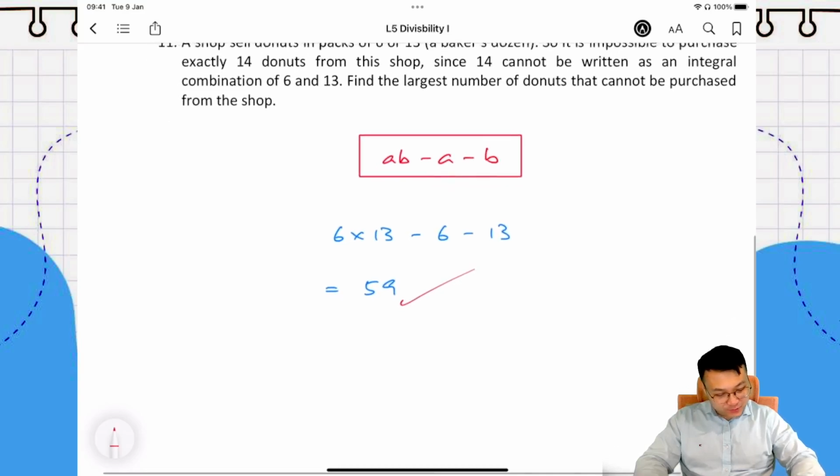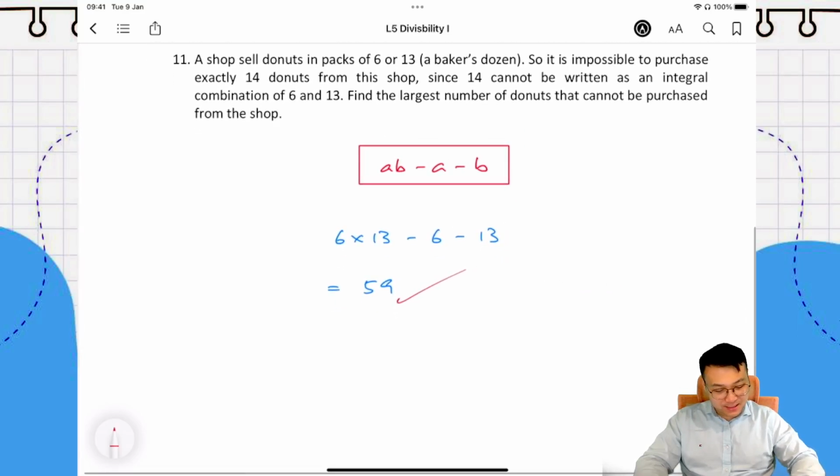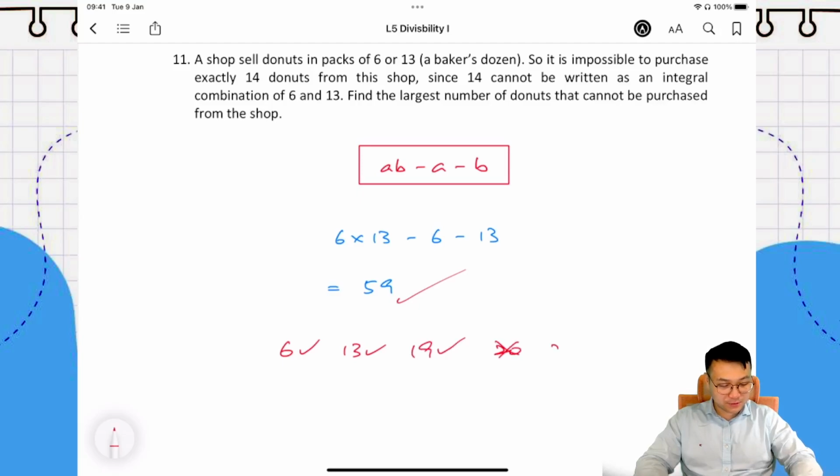Okay, if you don't use this method, you end up making a long list. You say, can I buy 6 donuts? Yes, I can. Can I buy 13 donuts? Yes, I can. Can I buy 19 donuts? Yes, I can. Can I buy 20? Cannot. Can I buy 21? Cannot. Can I buy 24? Yes. 6, 12, 18, 24, right?